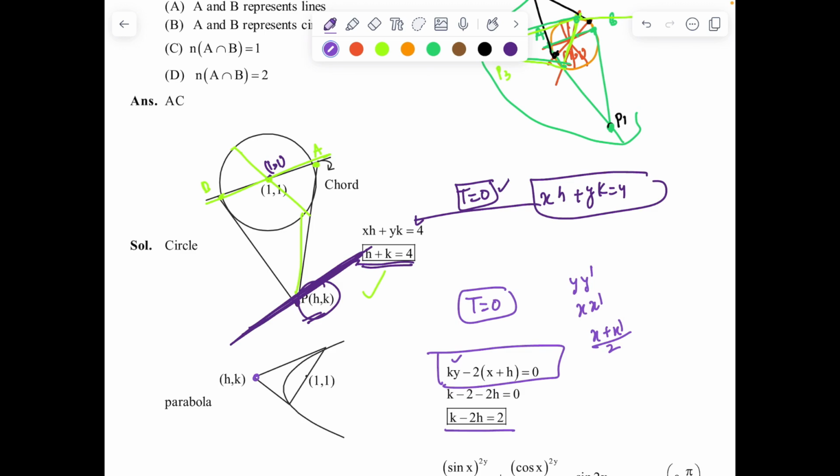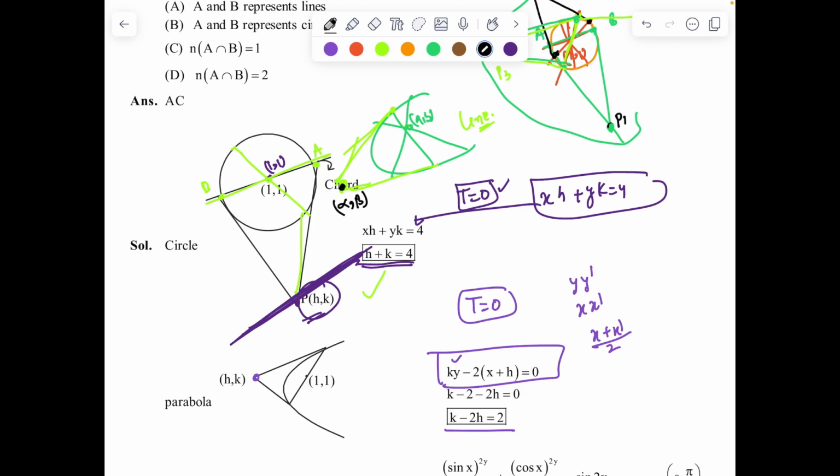In fact, this is a very crucial idea: if we take any conic in general, and let's say there are chords passing through the fixed point (a, b), and if you draw the tangents at the ends of those chords, the locus of the point of intersection of the tangents is always going to be a line.